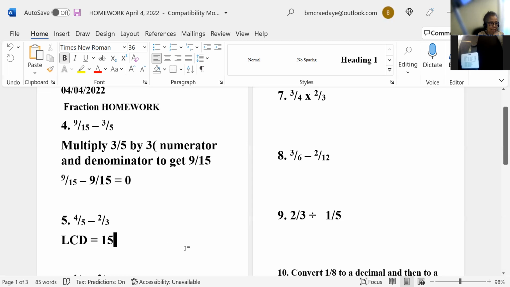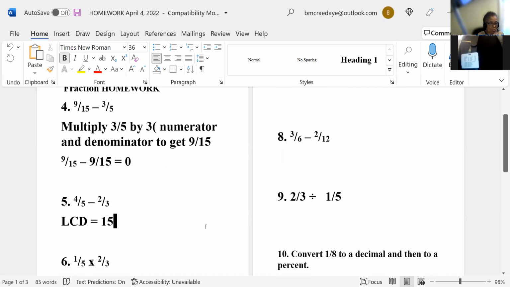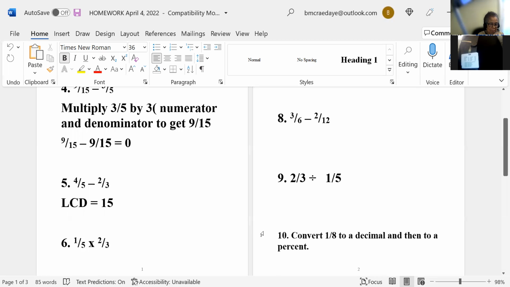So you recognize that. So 4/5 becomes what in 15ths? Now remember, you can multiply the denominator by the numerator, and that gives you what that 4/5 converts to, and you can multiply 5 times the 2 to give you what that one converts to. So what would that be equal to, Mercedes?